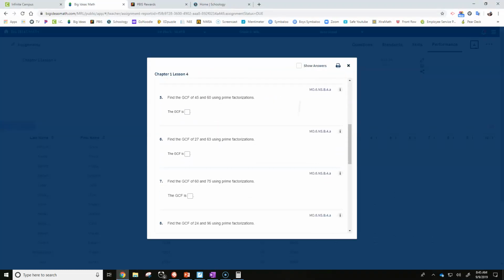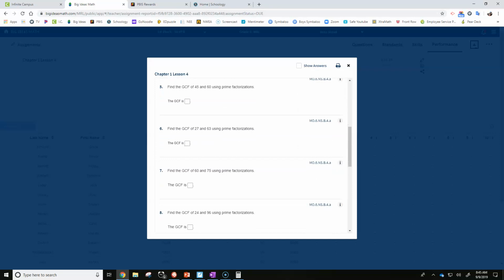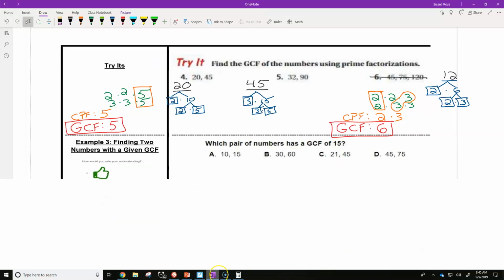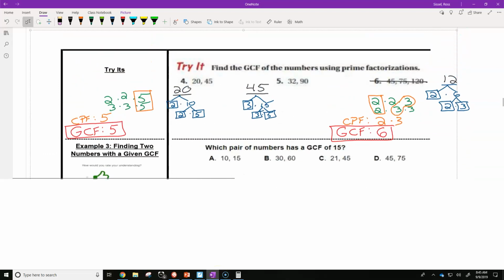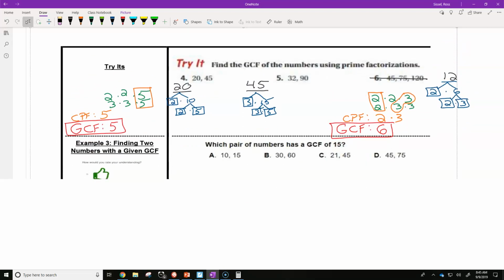Then number 5, 6, 7, and 8 tells you to use prime factorization. Always read your question, which means you're doing this method that we just did. Show me the factor tree. List the prime factorization, common prime factors, and your GCF.